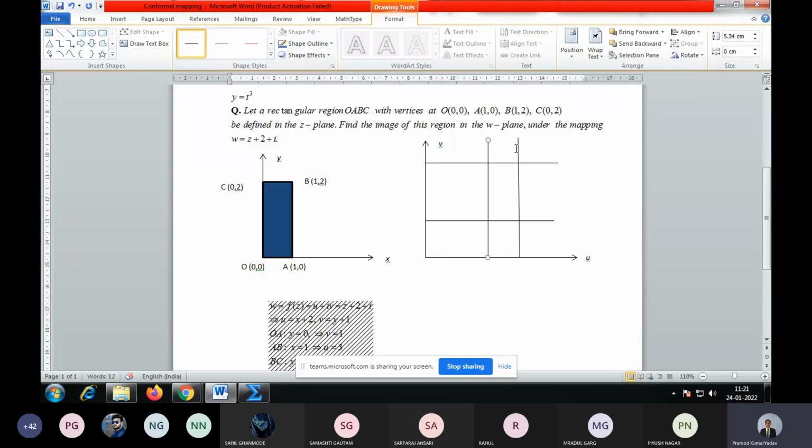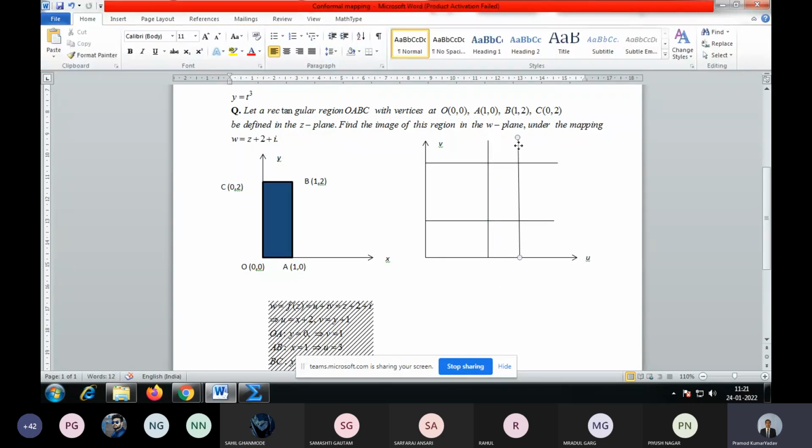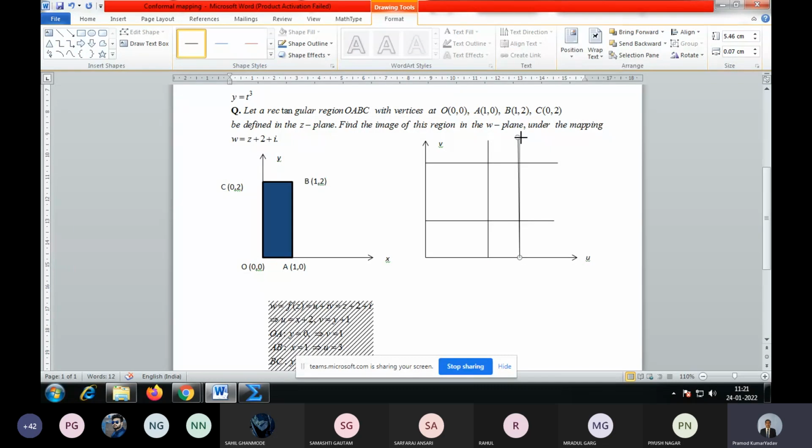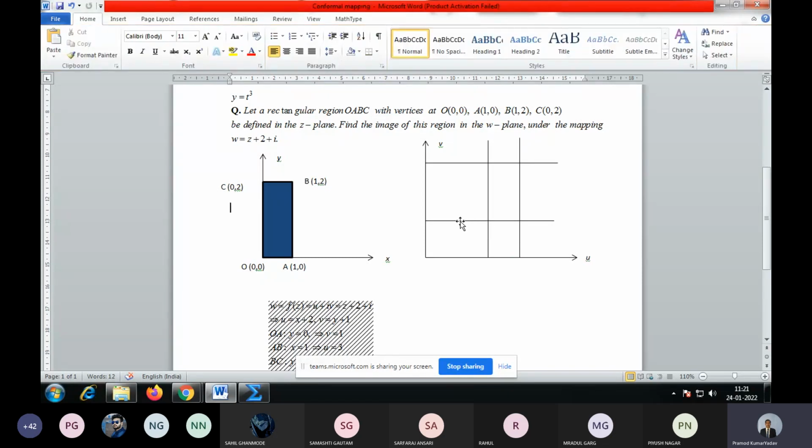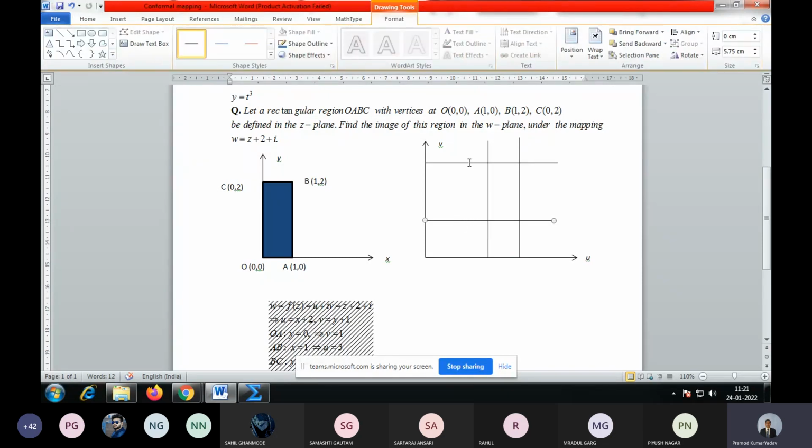Am I right? Yes, Rahul? Yes, sir. So this line is u equal to 2, this line is u equal to 3, this line is v equal to 1 and this line is v equal to 3.